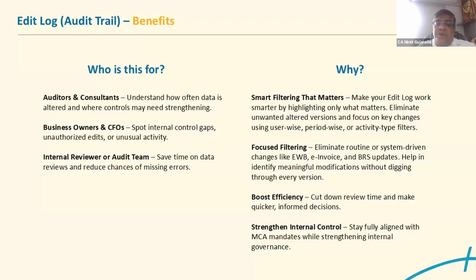So if we can display this edit log, see, my edit log doesn't have any alteration done, or my edit log doesn't have any backdating done, then the reliability of data will automatically increase. And for me as an auditor or as a business owner, the most important thing is reliability. My data should be reliable enough to be presented anywhere across the world or to any stakeholder.